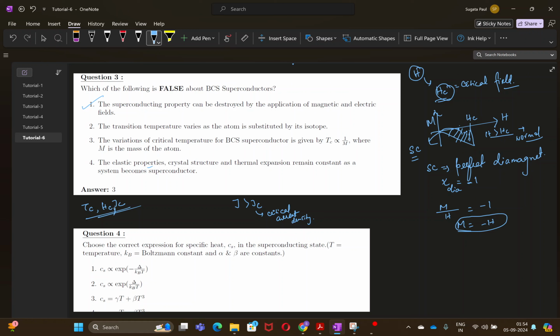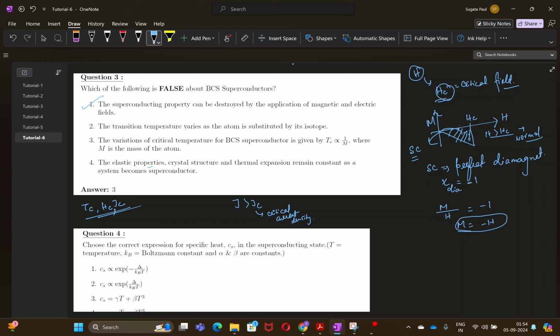And the same goes for Jc: if you apply an electric potential or electric field and produce a current to flow in the superconducting system, then even if you are much below Tc, once your current exceeds a certain critical value Jc, you will lose all the superconductivity present in that system.